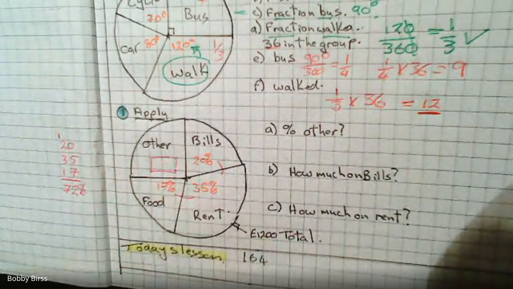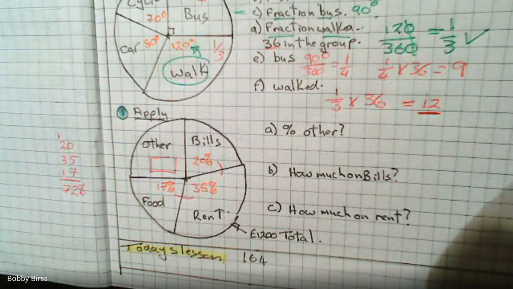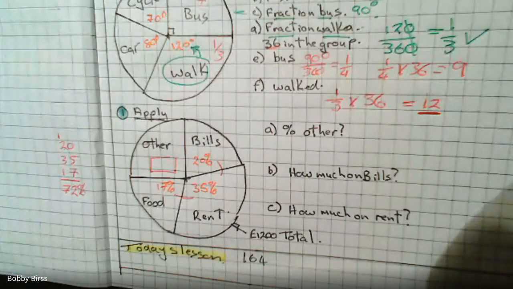Anyone got an offer as to what percentage we spend on other things, other than bills and rent and food? 25's not right. Careful, Amy. As I say, we're dealing with percentages here. And what are percentages out of?